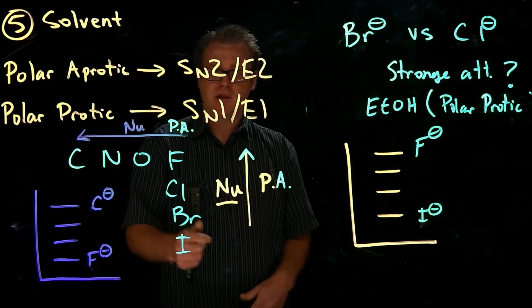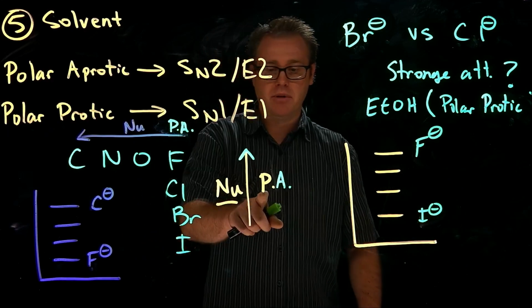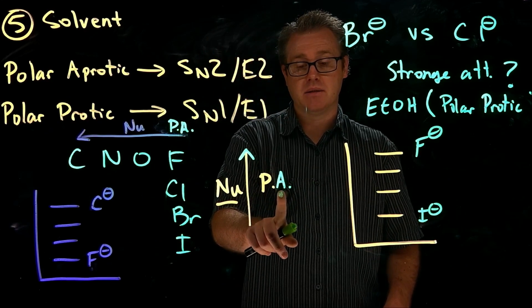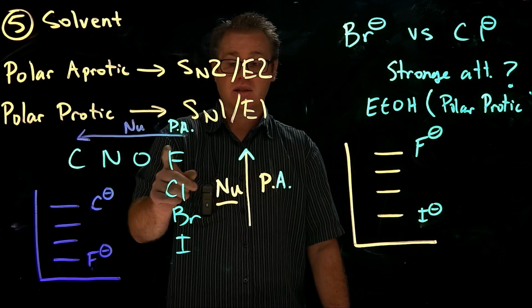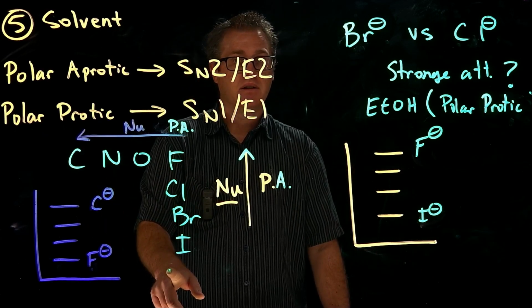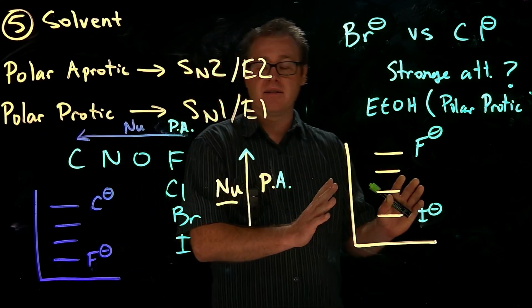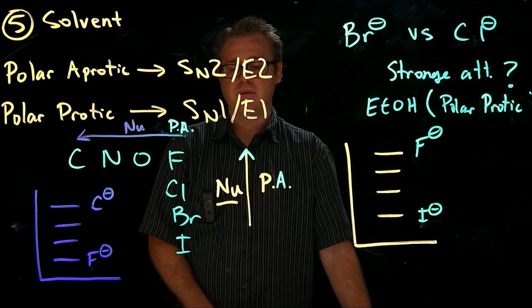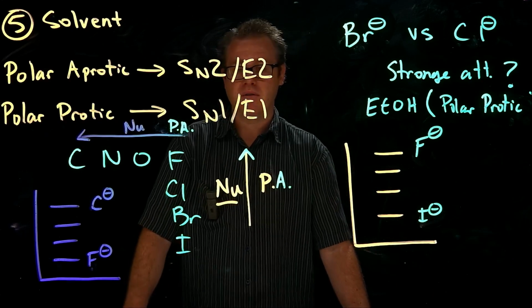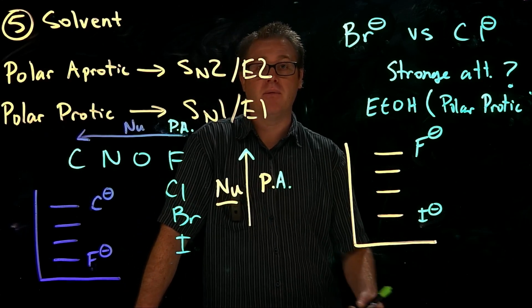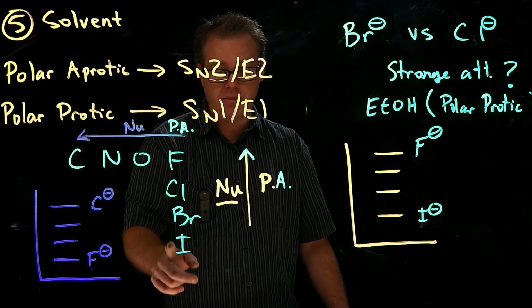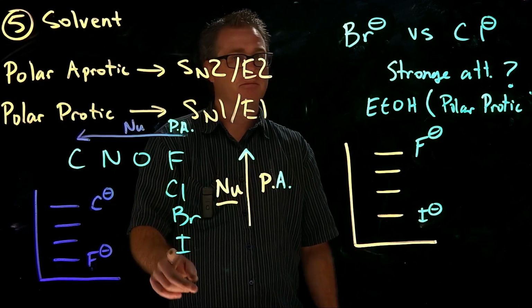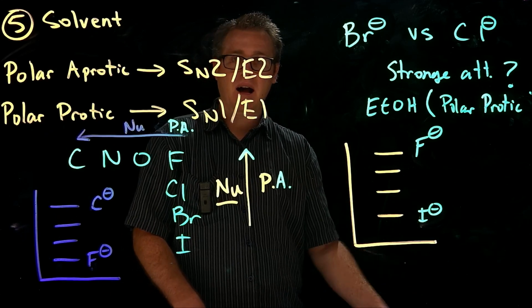Now, why is there a switch now? Well, because we are in polar aprotic solvents. Aprotic solvents don't solvate anions. So we ignore that there's a solvent present for determining which one's the stronger nucleophile and just go based off of what we've been taught in the past. Do we use electronegativity arguments when we go down a group? No, we use size.